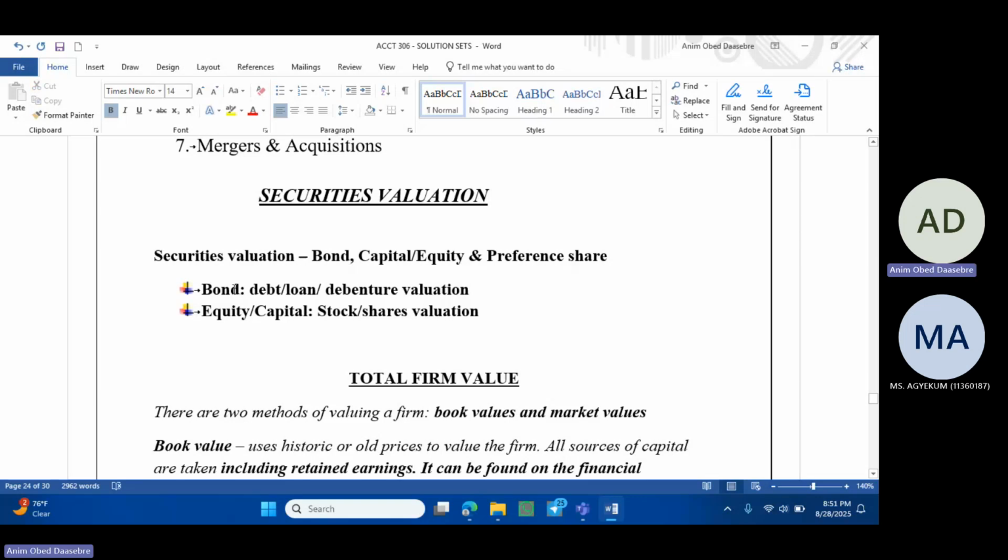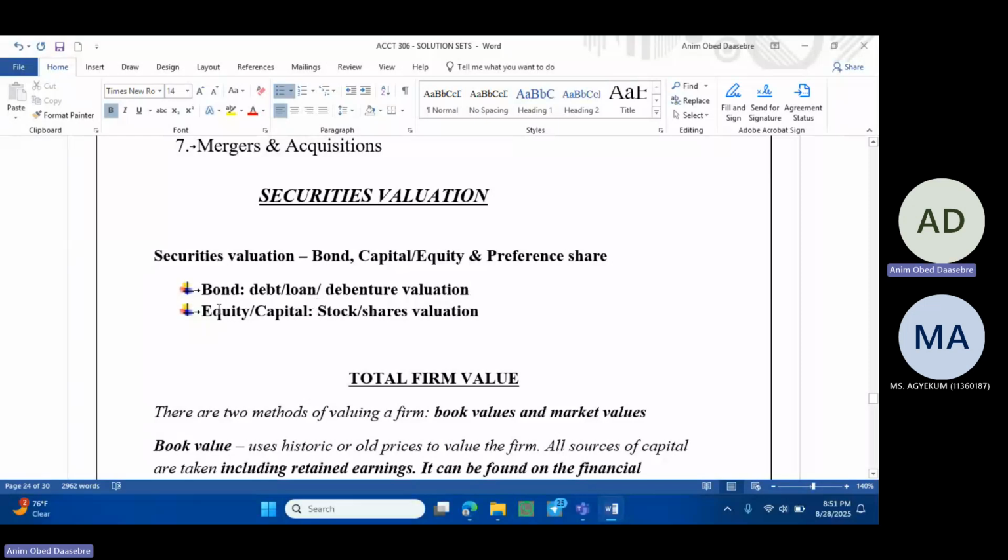When you take loan and bond, there are other names. It is not always bond. Sometimes in some content you see debts, you can see also loan, debenture. They are all examples of debt and bond.